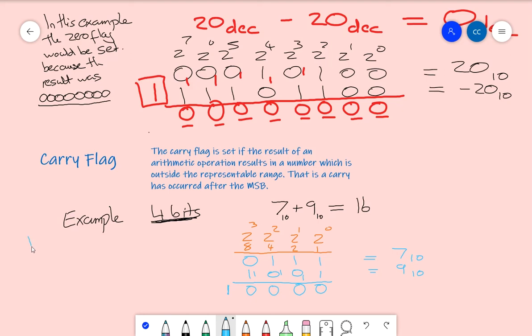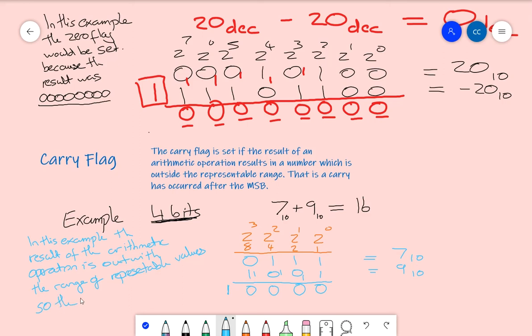So what can we say about this? In this example, the result of the arithmetic operation is out with the range of representable values, so the carry flag would be set.